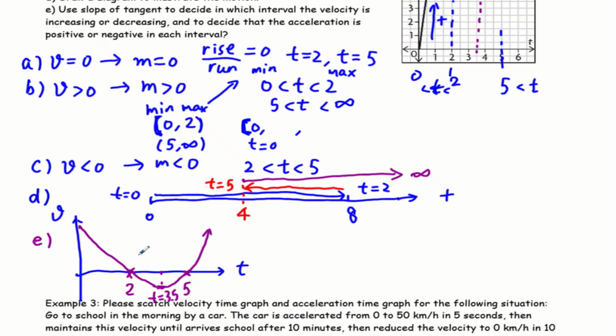Then from this velocity-time graph, we are going to see when the velocity is increasing and when it is decreasing. Increasing means the slope of the velocity-time graph is positive. So this part is positive. So for t greater than 3.5, v is increasing.